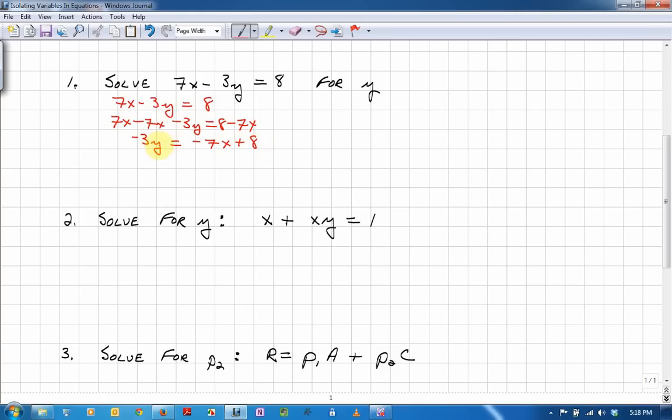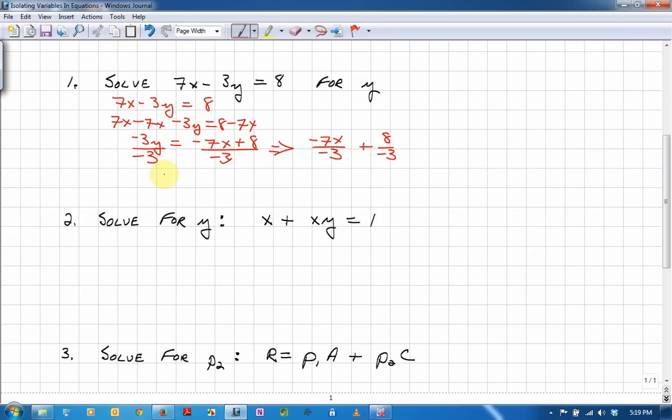Now I need to get the y alone, so I'm going to divide both sides by a negative 3. And remember, both sides have to be divided by the negative 3. So this is going to be equal to a negative 7x all over a negative 3, plus 8 all over negative 3.